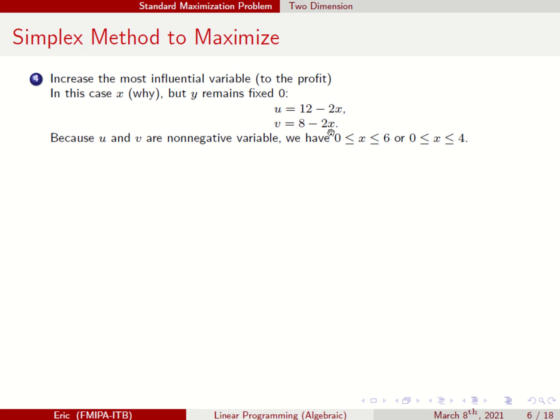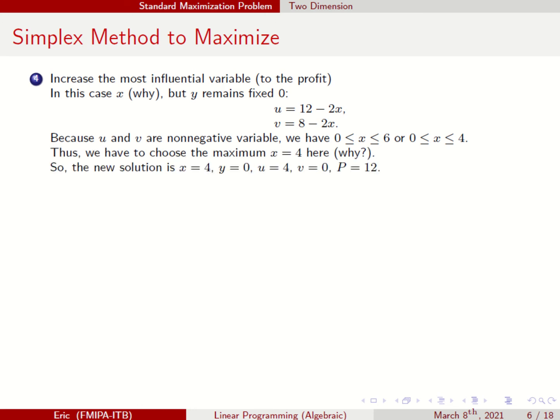So you have 8 divided by 2, 12 divided by 2. You have to choose the smallest one. That is 4. If you choose the largest one, one of the variables will give you a negative value, and we do not want that. So we have to choose x equals 4.